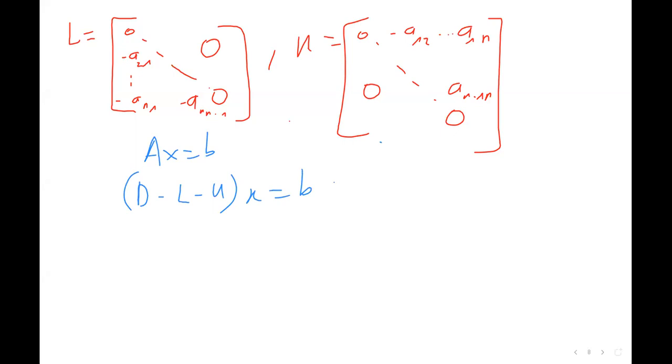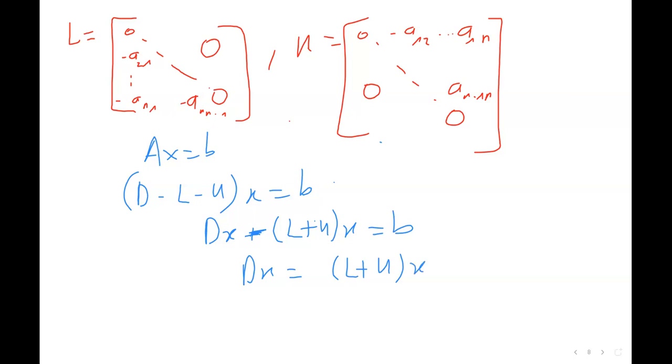And then the Jacobi method says all you have to do is separate your diagonal entries from the rest. So Dx equals (L plus U)x plus b.